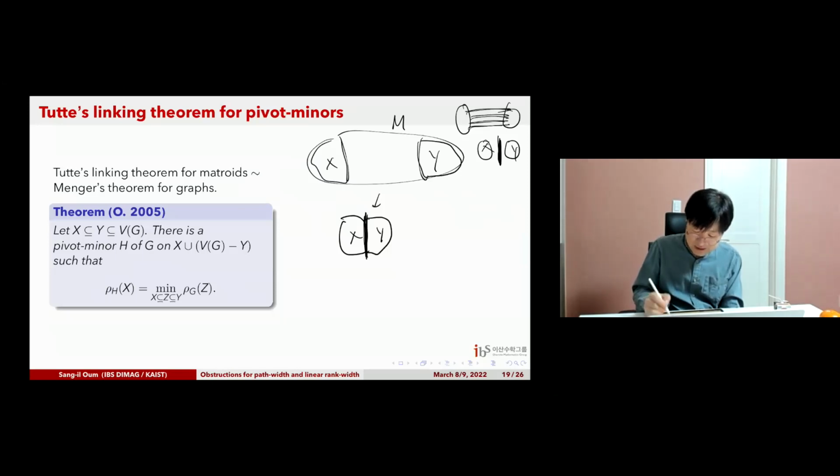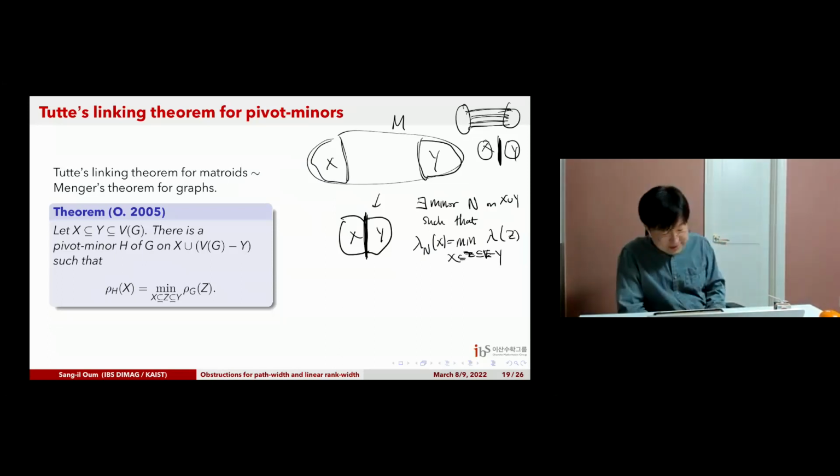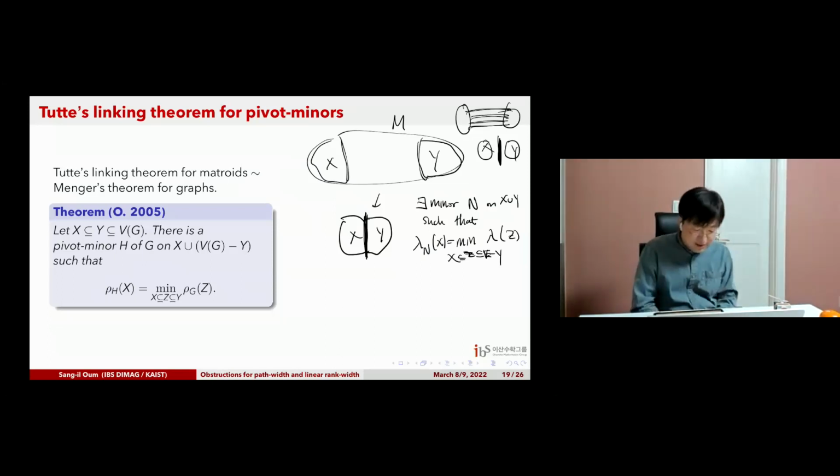Okay, so there exists a minor N on X union Y such that lambda_N of X is equal to the minimum order separation between X and E minus Y. Right, so that's Tutte's linking theorem, and we also had a version for pivot minors.